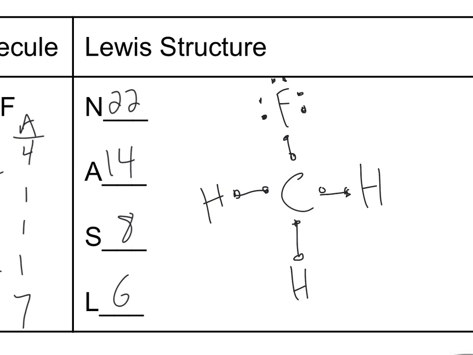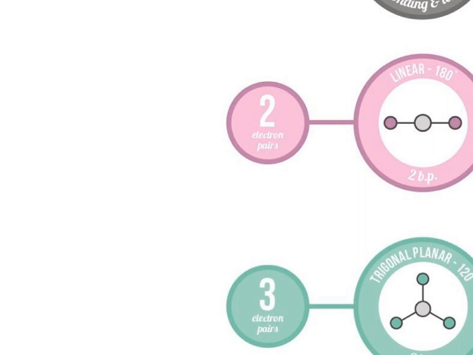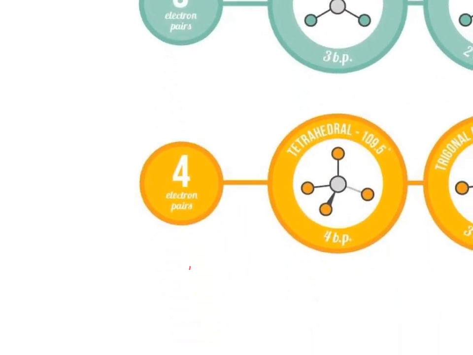We need to look at the shape. Okay, so the center atom is carbon. Carbon in this case has 4 bond pairs, or 4 electron pairs, I should say. Each of those electron pairs is a bond pair. So we're going to go down to the chart. We're going to look in the row for 4 here, and then the first shape is the one with 4 bond pairs.